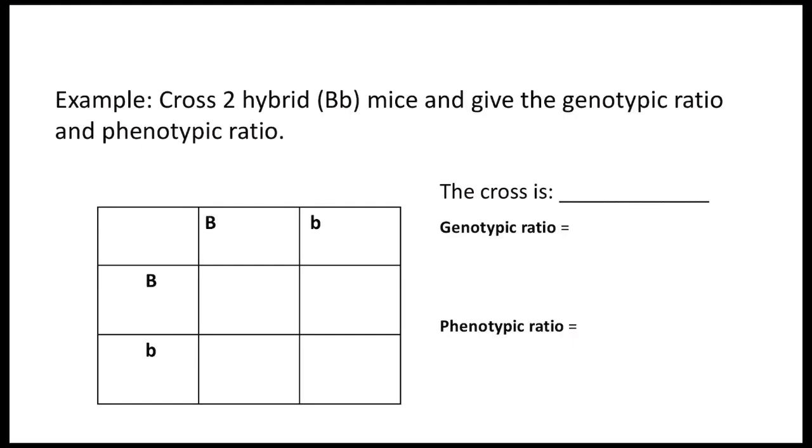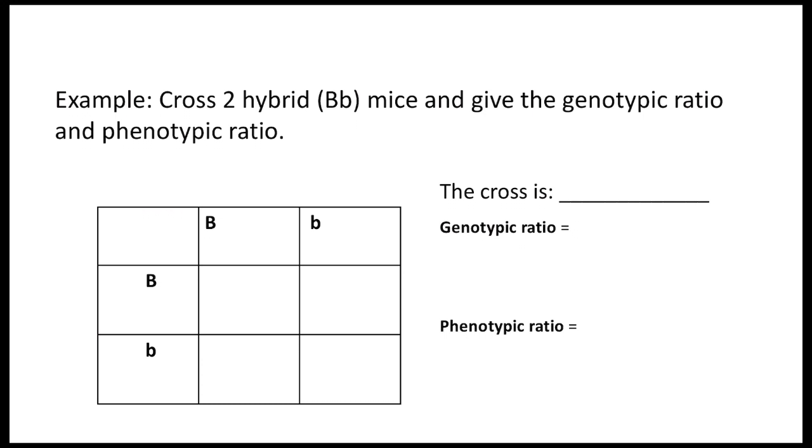So let's go through another example here together. So we are crossing 2 hybrid big B, little b mice, give the genotypic ratio and the phenotypic ratio. So crosses are essentially like a multiplication table. So you are essentially just multiplying the different letters together.